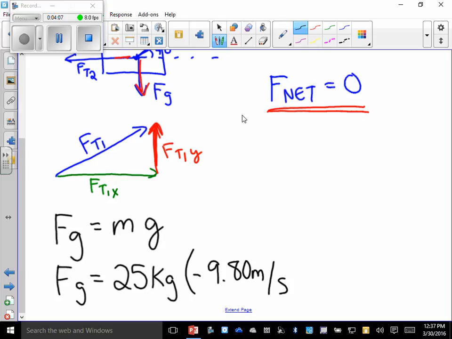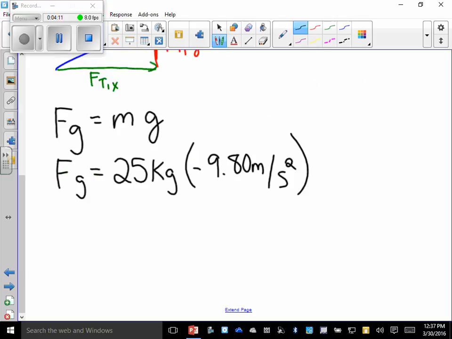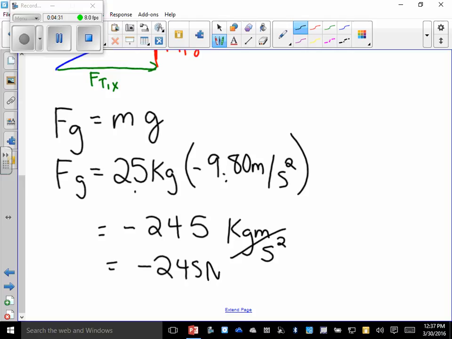My unit is a kilogram meter per second squared, also known as a newton. And we get negative 245 when I multiply these out. Makes sense because that's just about 10 times 25. Okay, so we get negative 245. Let's change that to newtons because they're the same thing.